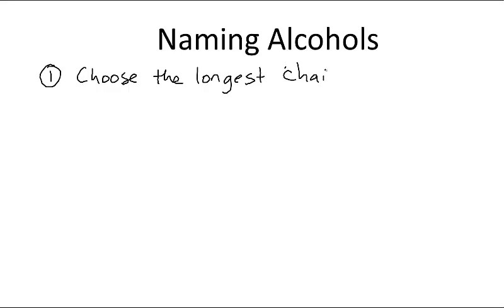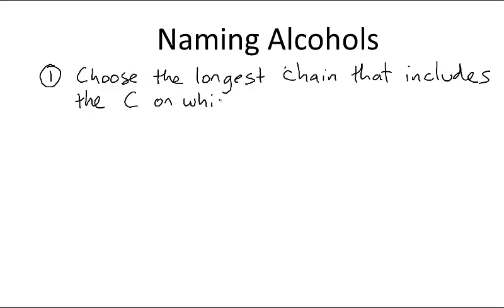So if you're going to name an alcohol, what you would do is choose the longest chain that contains the alcohol. So you're going to choose the longest chain that has the OH coming off of it.